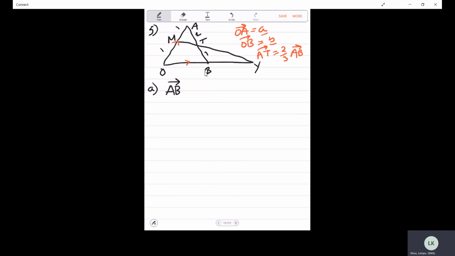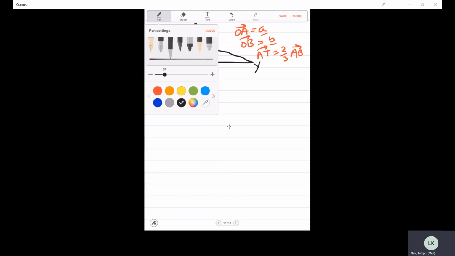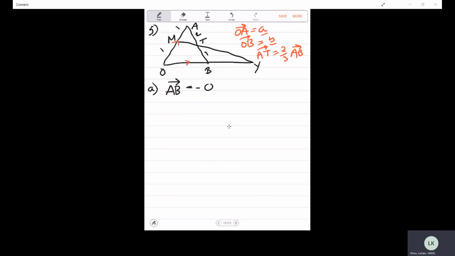So AB, I would go from A to O and then from O to B. So that is the negative direction of OA, and then from O to B. This is negative OA plus OB.